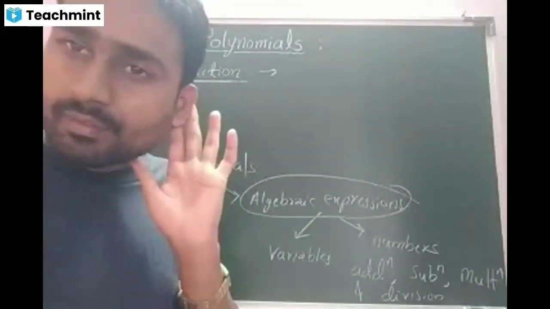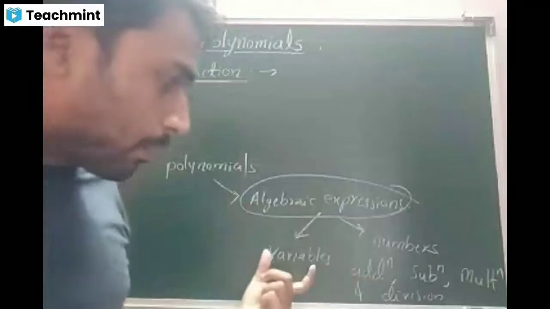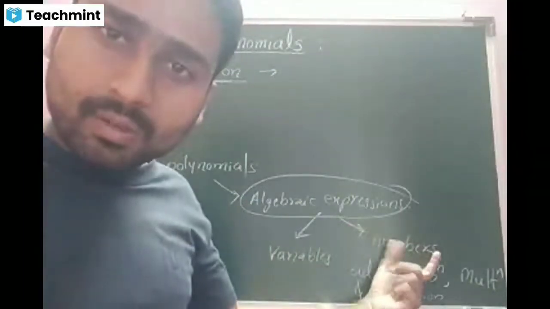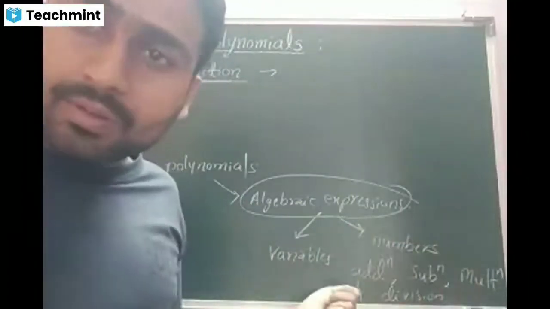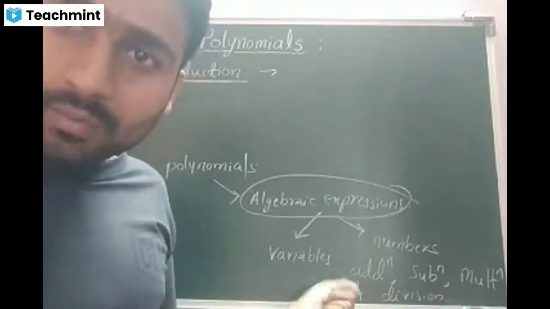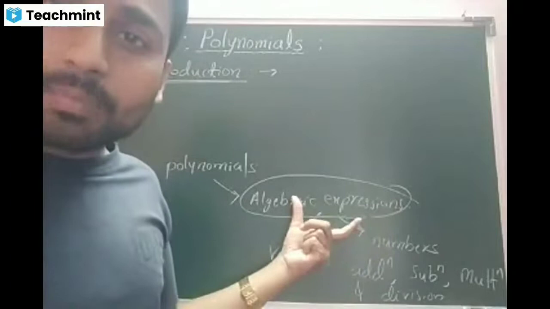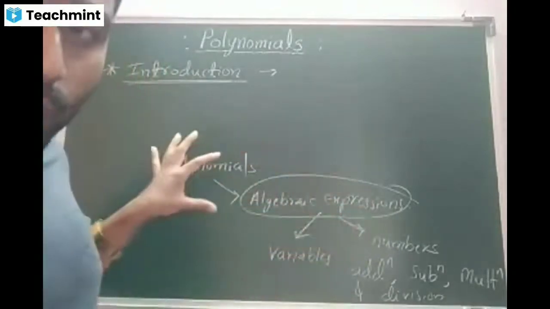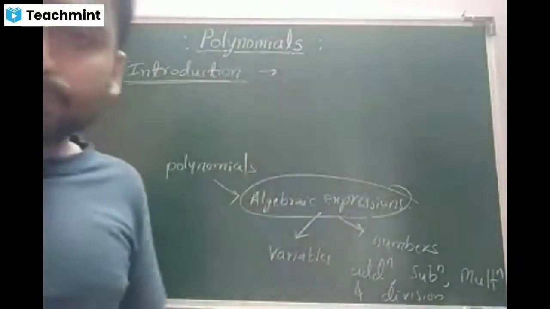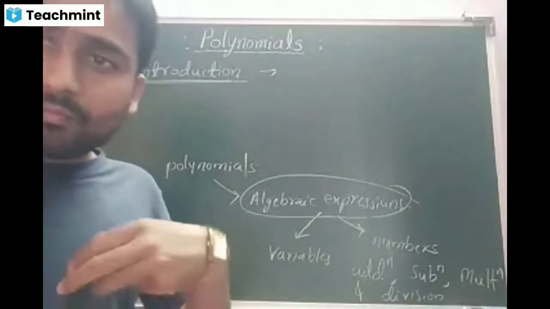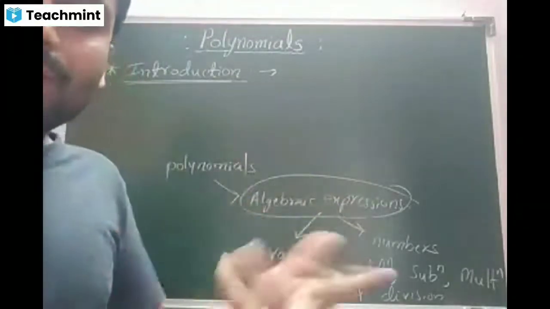So in simple words, the combination of variables and numbers connected with fundamental operations of arithmetic will give you algebraic expressions. In algebraic expressions, you are going to find the polynomials. Is that clear?